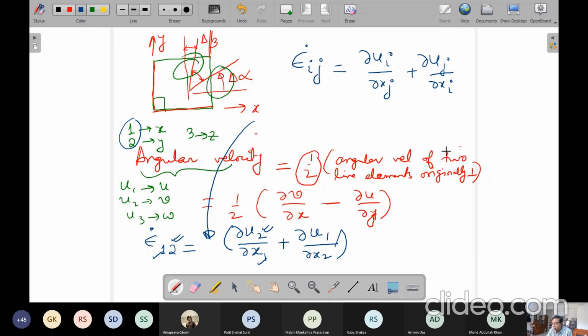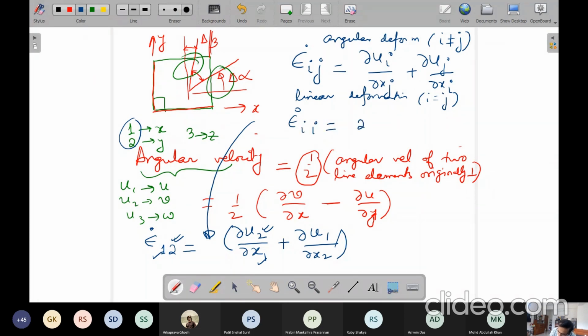See, if we want to apply this definition, not just for angular motion, i not equal to j, or angular deformation, case is i not equal to j, but for linear deformation also, if you want to apply it, say i equal to j, then what will be that epsilon ii? Just if you put i equal to j, it will be simply 2 into this one.